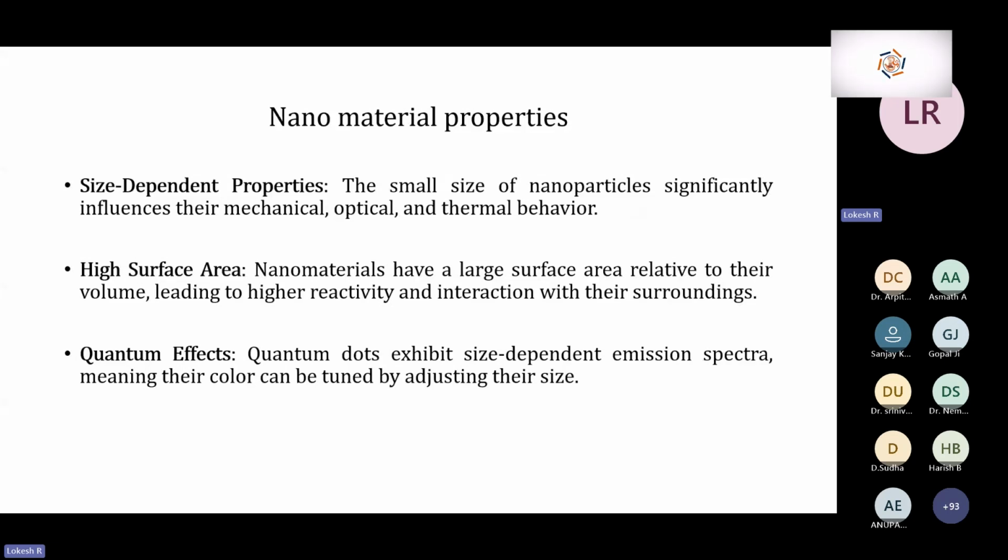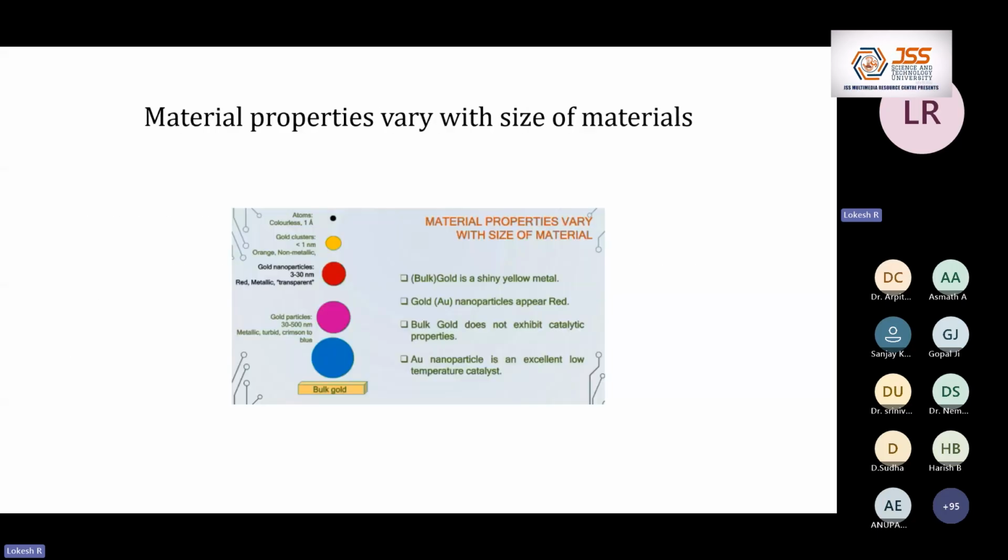And there is the quantum effect: as the size changes, the material will be fluorescent, and even those properties will change. We'll see an example of how the property of a material changes, by taking gold. Bulk gold, whatever gold we see, is an inert material and shiny yellow in color. As the size reduces, if the gold particle size is from 30 to 500 nanometer, it is metallic and the color changes from crimson to blue.